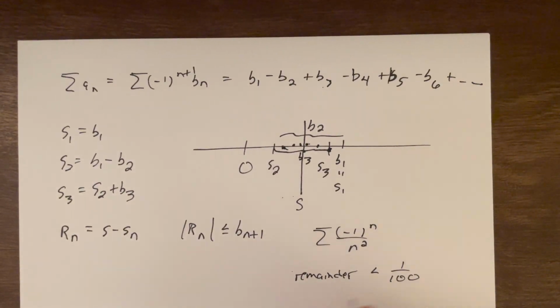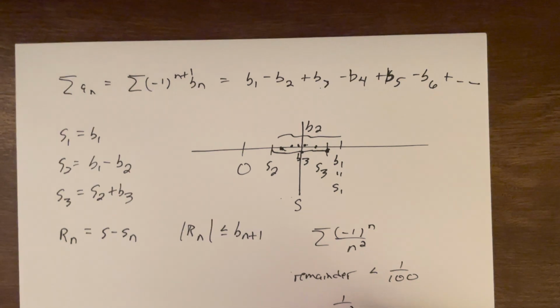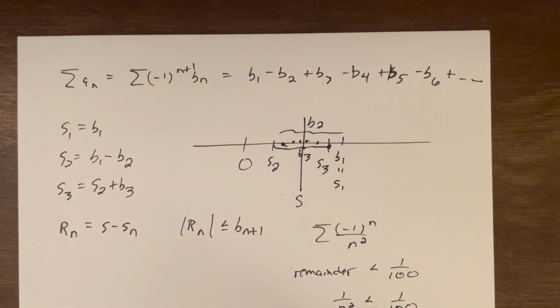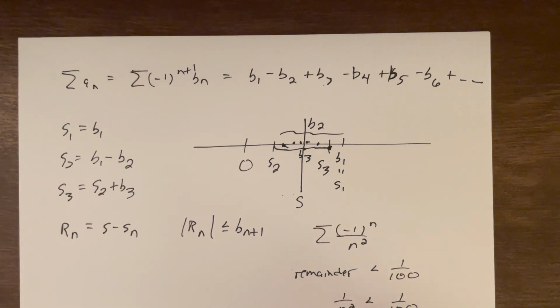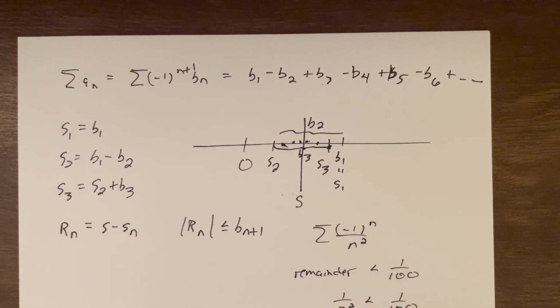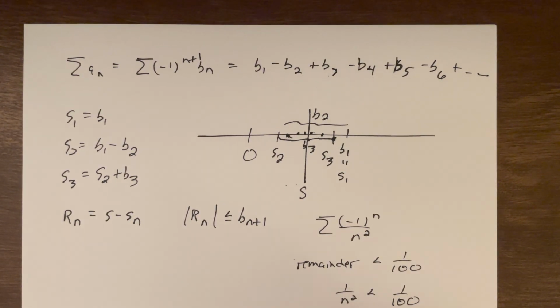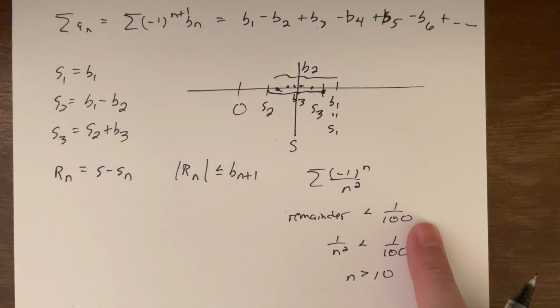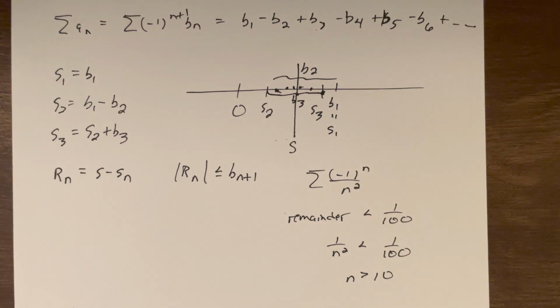Well, I would just look at when 1 over n squared is less than 1 over 100. Do a little work, and I would get n has to be greater than 10. So by the B11 term, after you've done at least 10 terms, your sum would be within 1/100th of the actual sum. So again, that end little part is just good for your information.